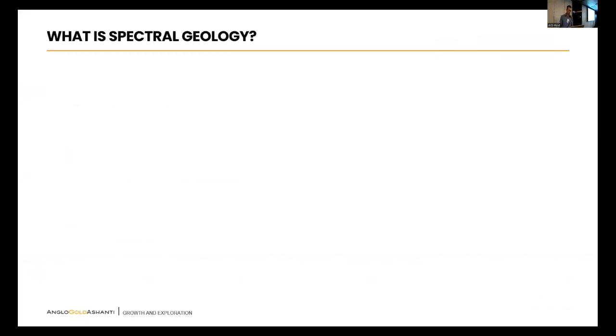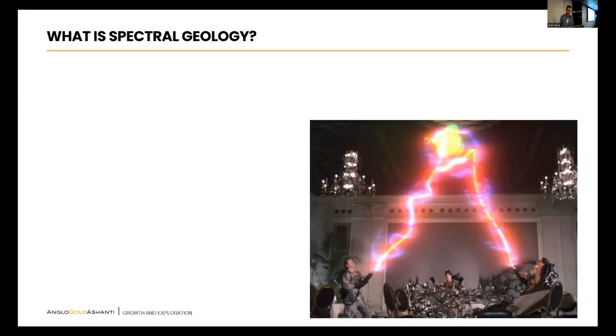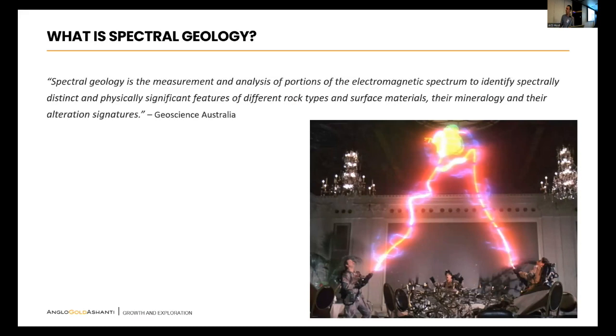So what is spectral geology? Sometimes I like to think of it like this: zapping stuff, making a mess, looking cool. But Geoscience Australia has a nice description on their website.